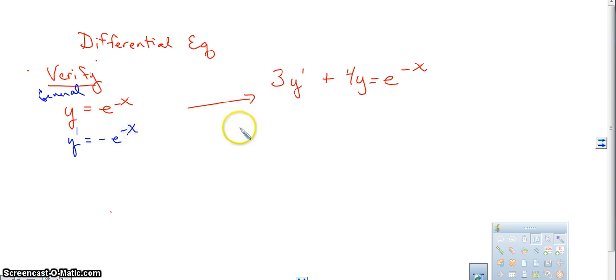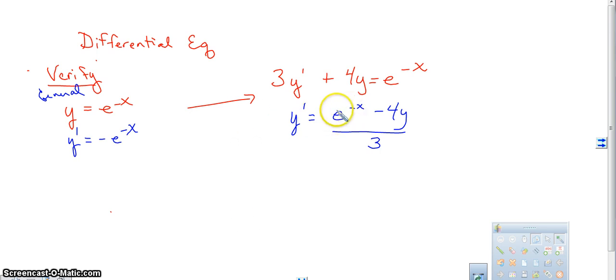So how would I verify that this is a solution to this differential equation? Well, first I'm going to solve for y prime, so it's set up more as a derivative. So y prime equals e to the negative x minus 4y all over 3. Now you just have to do some algebra.